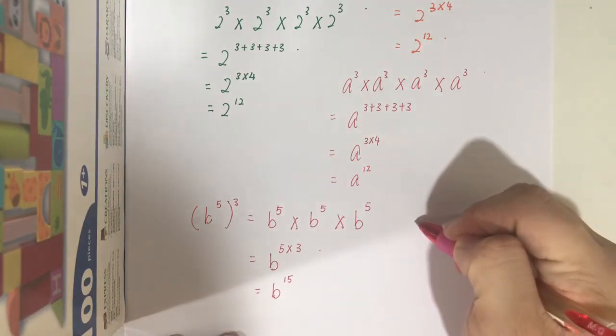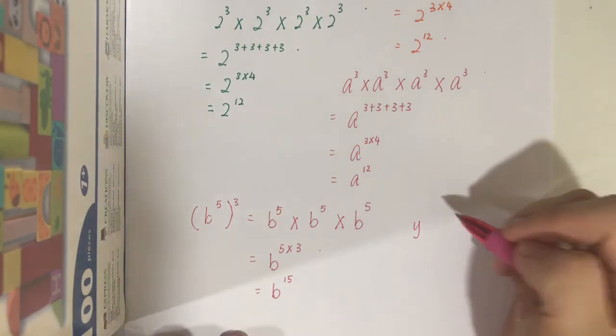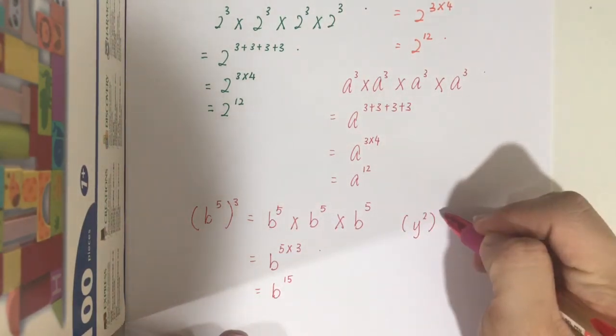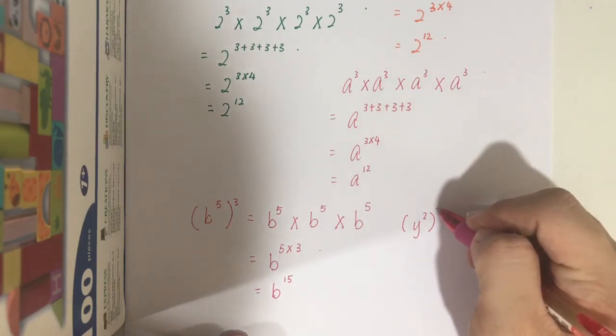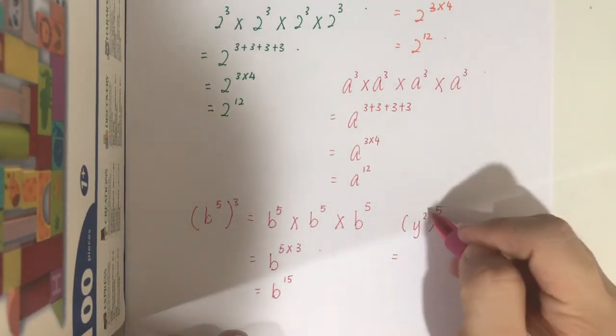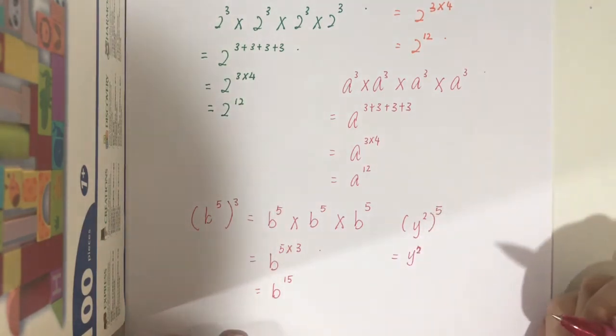How about y? Y to the power of 2, and the power on power will be, let's say, 5. So what does this mean? This means the term y squared will appear 5 times.